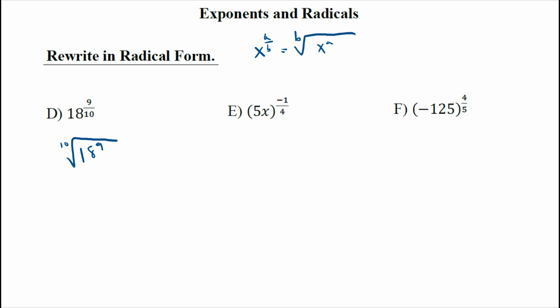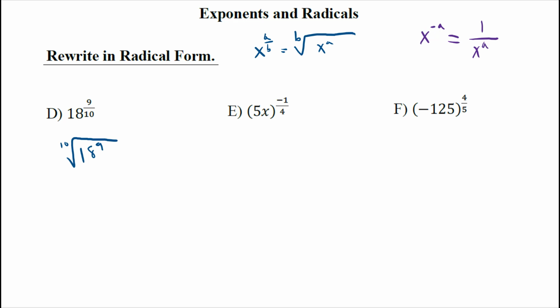Alright, so we can do the same thing on this one. We have a little extra setup here. We have a negative 1/4, so we have a negative exponent. And hopefully you remember, anything to a negative exponent is the same thing as writing 1 over x to that exponent a.